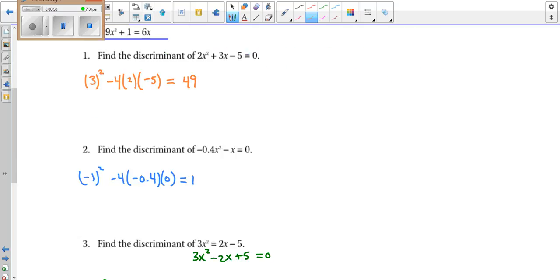Okay, so in number 1, you should have gotten a discriminant of 49, which, because it's positive, means that there are 2 real solutions. Remember, your solutions are your number of x-intercepts. If you were to draw this function, it has a positive a value, which means your function would go up and it would hit the x-axis twice.